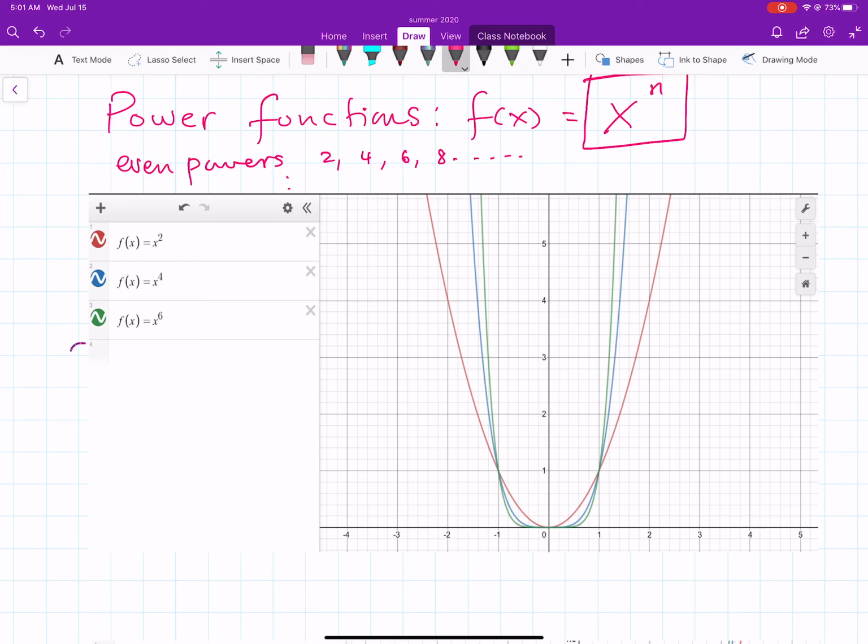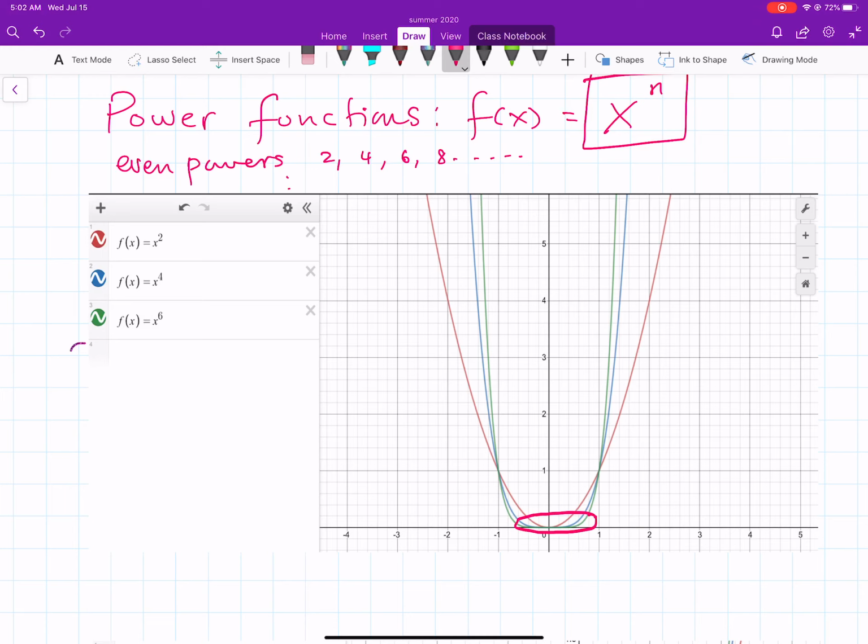I encourage you to take your calculator and also plot these three, and see what's happening. If you look at x squared, that's the red curve, and you compare with the blue and then the green curve, you can see that the higher the even power is, the more the base is flattened, but the curve is the same nature.